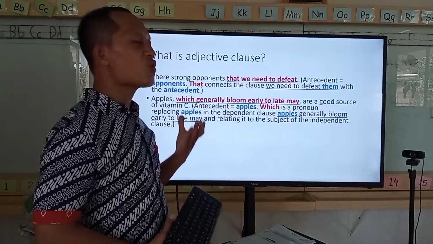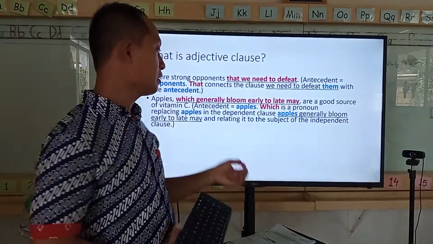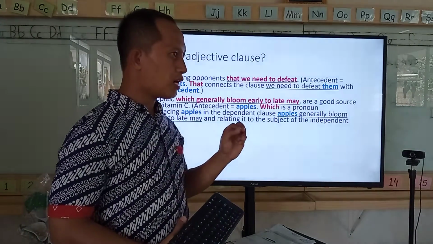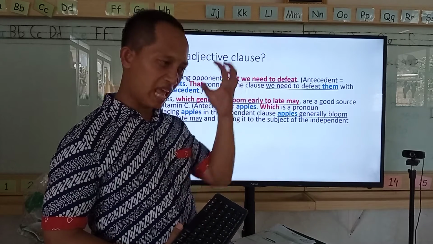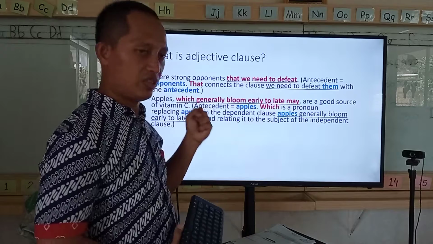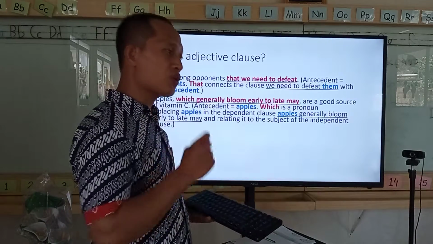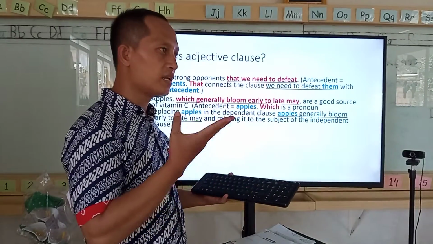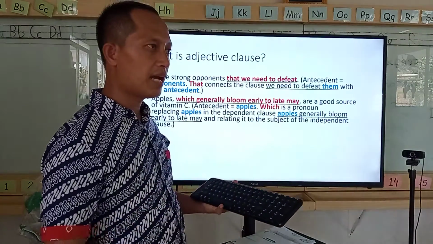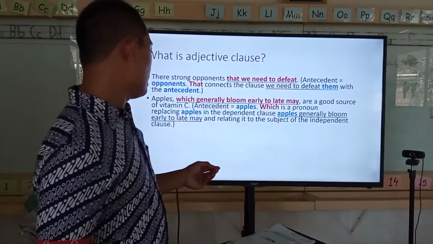Now we are talking about the same species, which is apple. We don't talk about apple A or apple B. We talk about apple as a species, and they are a good source of vitamin C. And also, uniquely, they bloom about in May.